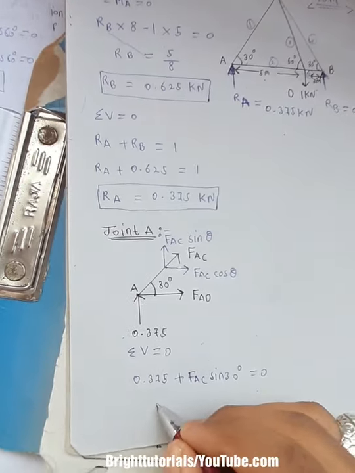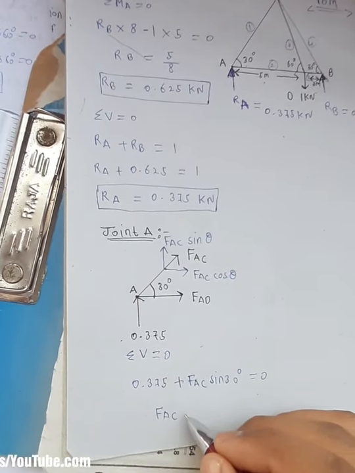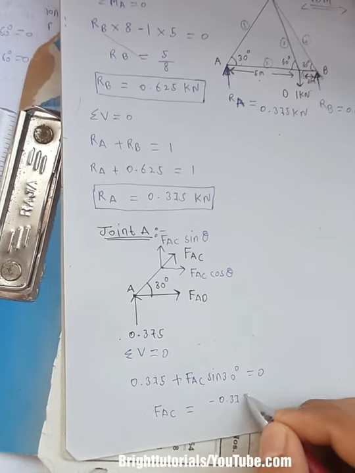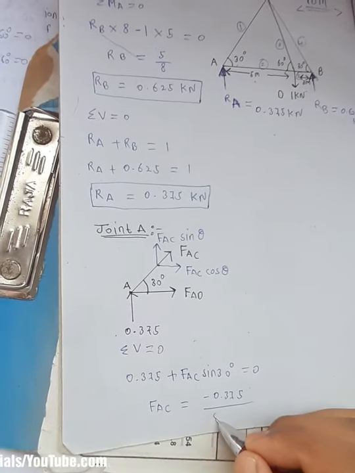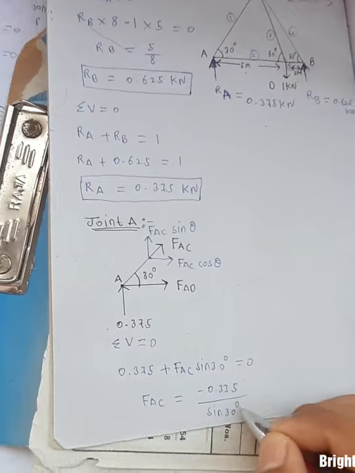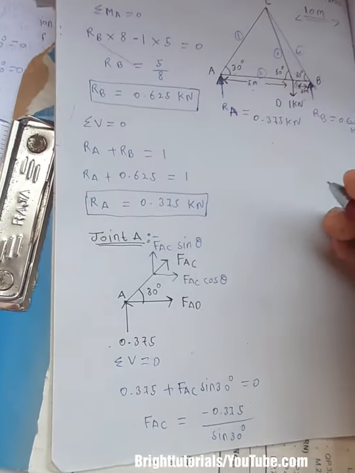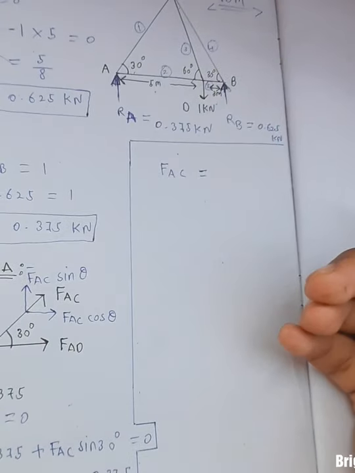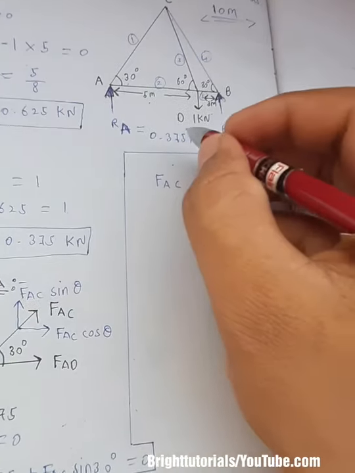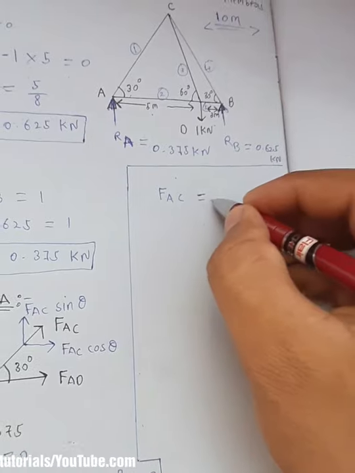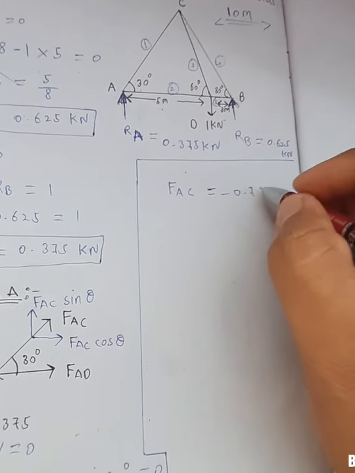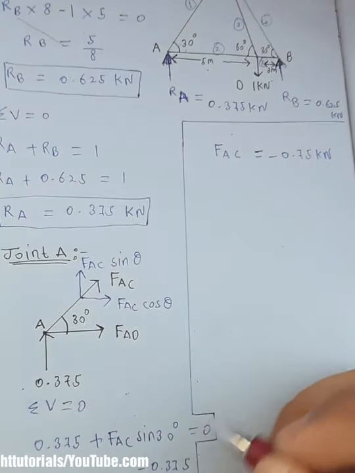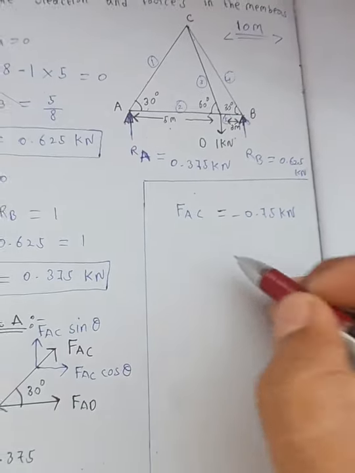By solving this, FAC is equal to minus 0.375 by sine 30 degrees, so FAC equals minus 0.75 kilonewton.